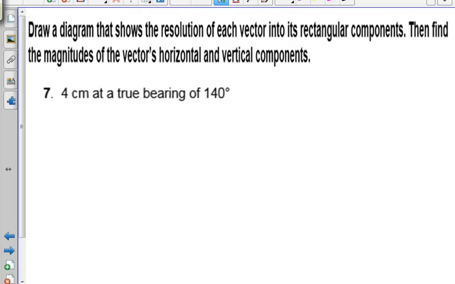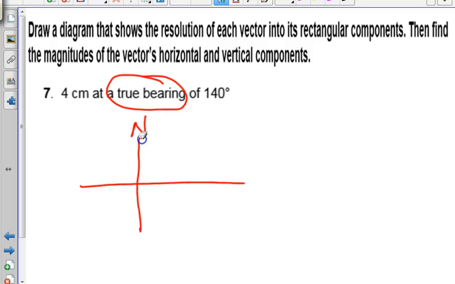Number 4, a true bearing. This means off of north in what direction? Clockwise, okay? It's painful because it's not what we normally do. We don't measure off of north and we don't go that direction, okay? But that's how they measure for things like air traffic controllers, ships, measure off of due north, all kinds of stuff. True bearing, okay. What is our measure going to be?